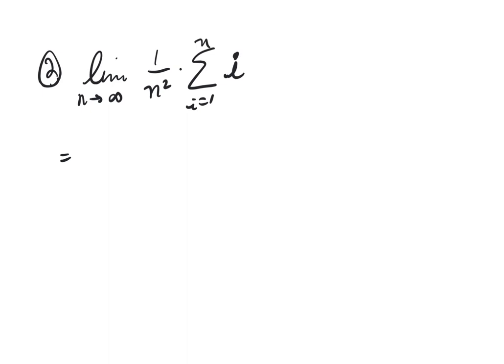Where do we get started? Like the previous one, we don't start with the limit. We don't start with the unusual fraction in front. Instead, we start with the summation. The summation should look vaguely familiar because it's one of our shortcuts, one of the 4 shortcuts we talked about for summations: the summation from i equals 1 to n of just a single plain old variable, in this case i.